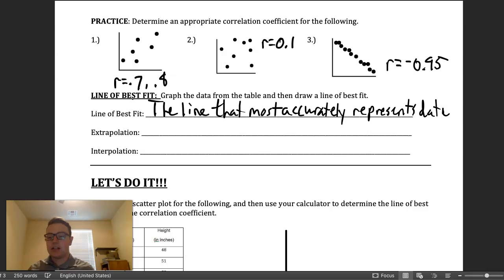Now in science classes, what you've done is you've taken a ruler and guesstimated, tried to shoot it. There's a fancy math formula that you can use for it as well. However, we're not going to use that. We're just going to let our calculators do that if we ever need our line of best fit.